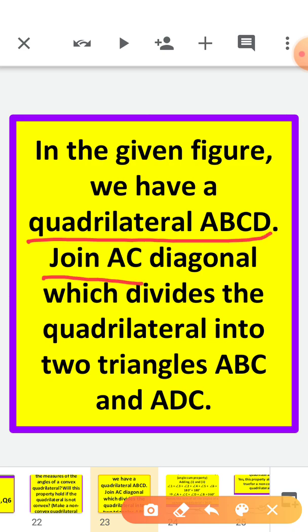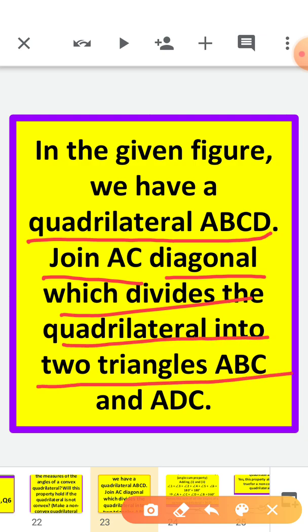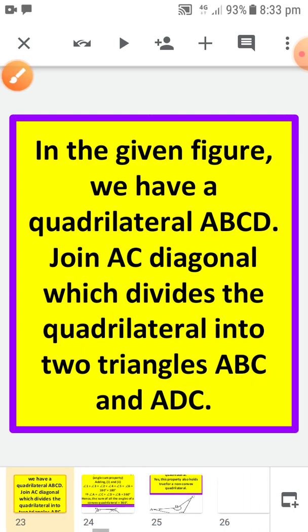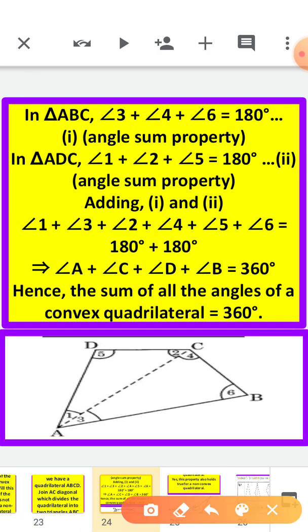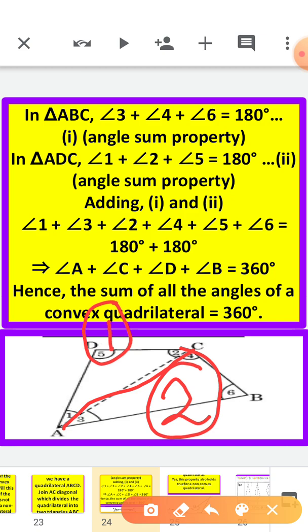Then join AC as a diagonal, which divides the quadrilateral into two triangles, ABC and ADC. You have to join this AC so that the quadrilateral divides into two parts: first this upper triangle and second this lower triangle. This we have already done in the introduction part.